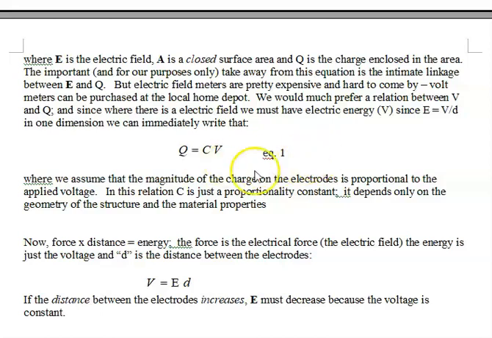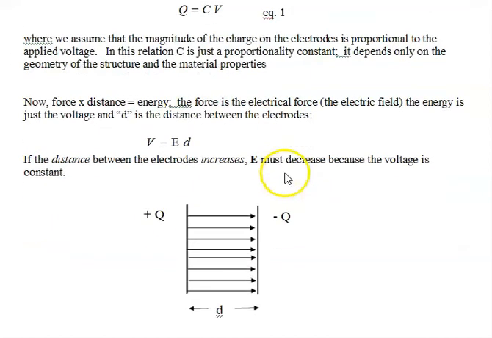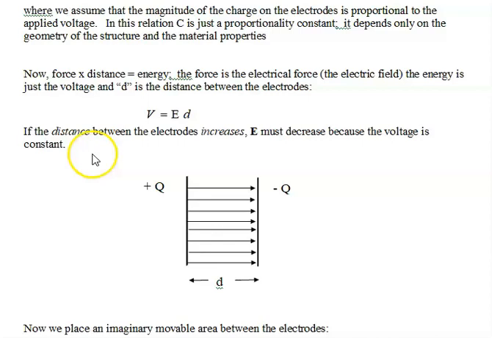Perhaps today that's not what we would use, but you can think of another mnemonic. But the bottom line is that Q is equal to the capacitance multiplied by the voltage.